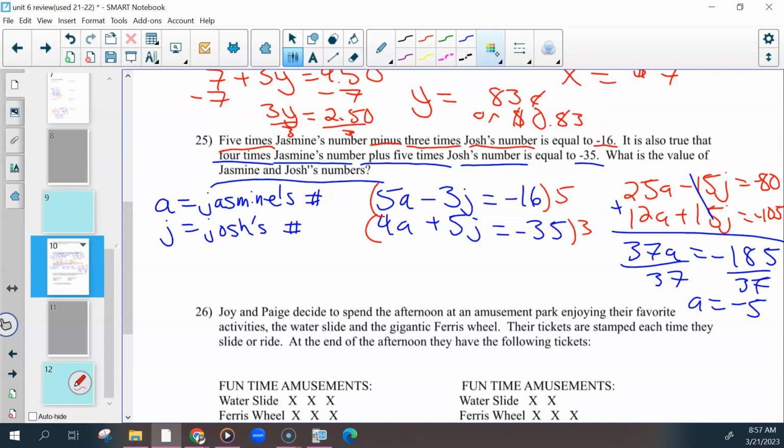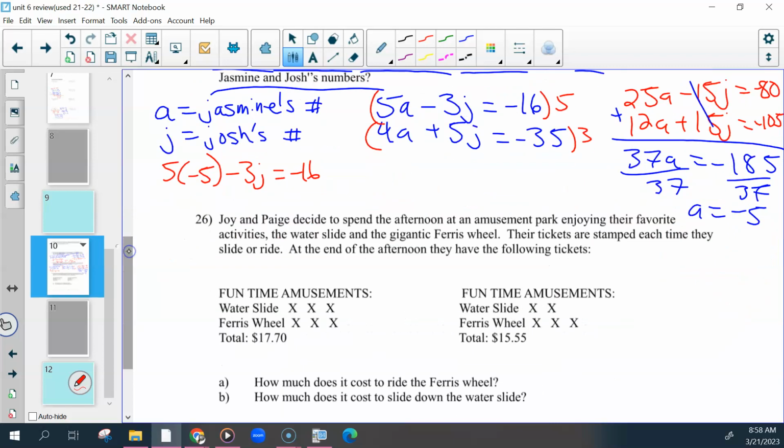Put it back into any of the 4 equations, doesn't matter which one. Let's say the first one. We have negative 25 minus 3j equals negative 16. Add 25 to both sides. What is that?